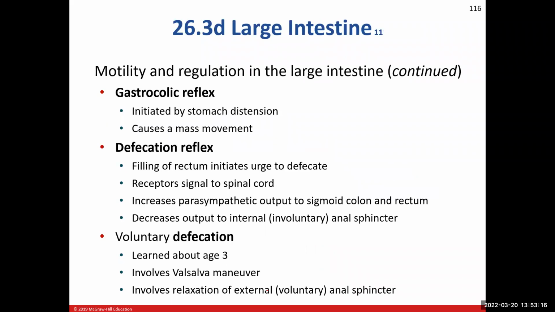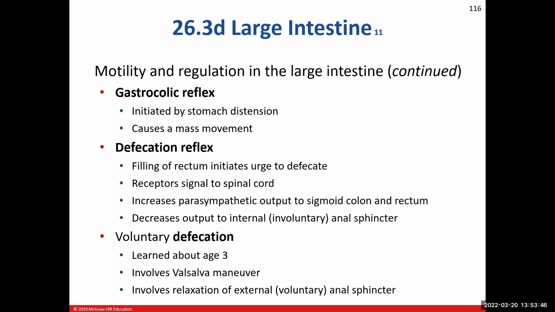So like I said, the GI tract has a lot of reflexive movements occurring. We talked about several of them. Another one to add to our list is the gastrocolic reflex. So as you start to eat, and I shouldn't say food, not just food, but ingested material, and your stomach starts to fill up and stretch out.